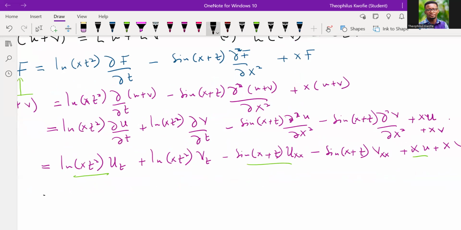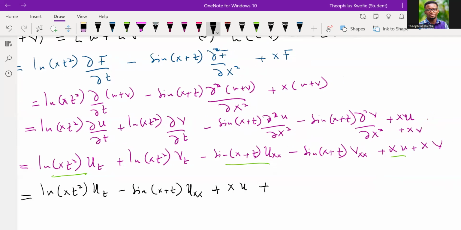By doing that, the u's will be the ln of x multiplying t squared, u of that, plus, that is minus the sine of x plus t, u, the second partial of that, then plus x u, right? Now we are left with the other part, the v part.